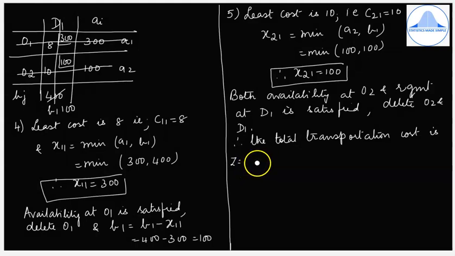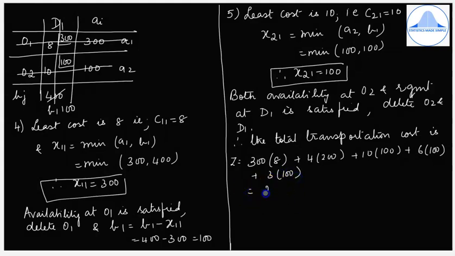So doing that, we get 300 into 8 plus 4 into 200 plus 10 into 100 plus 6 into 100 plus 3 into 100.